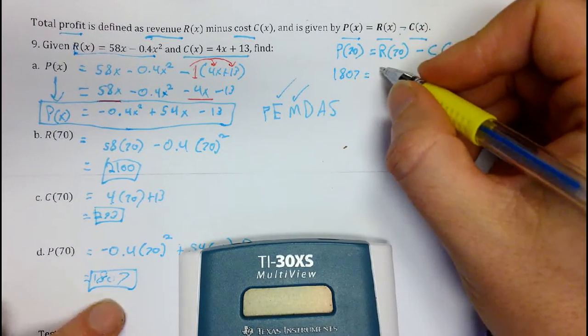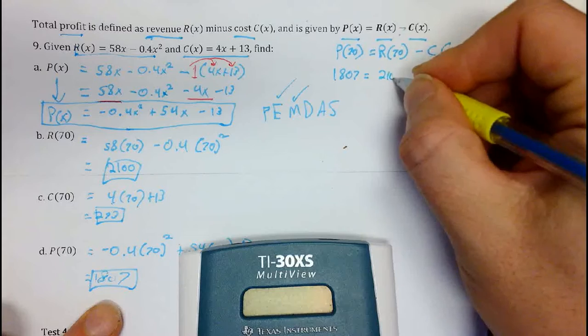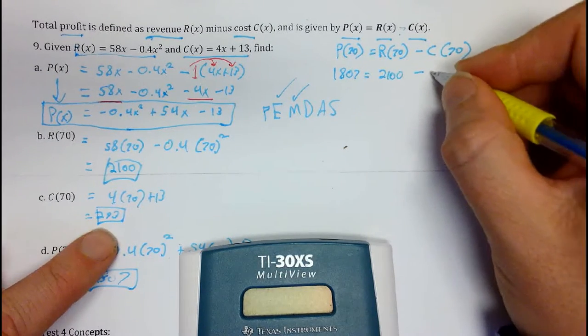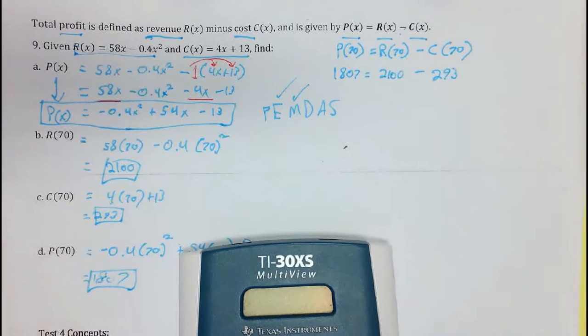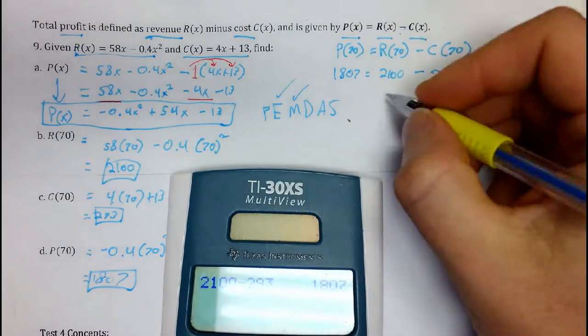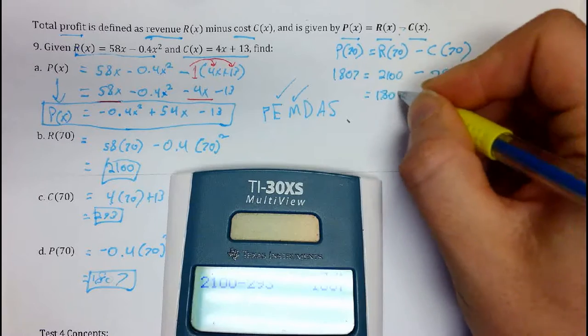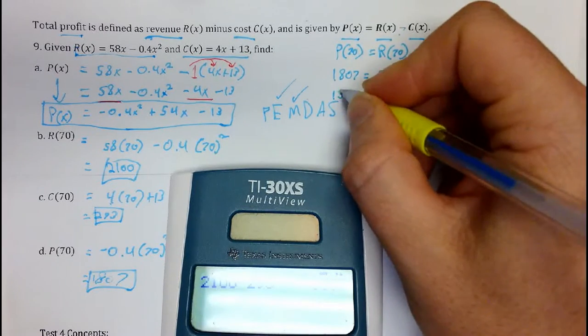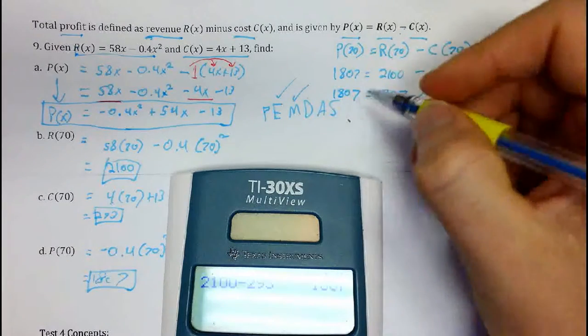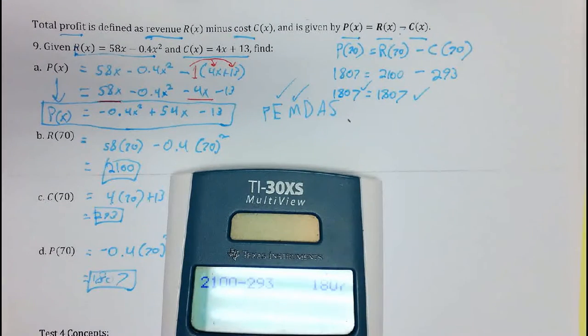That should equal R of 70, which was 2100, minus C of 70, which was 293. So I'll do that calculation really quickly. 2100 minus 293, and I get 1807. So I see that my right side does equal my left side. So it looks like I've done all my calculations correctly.